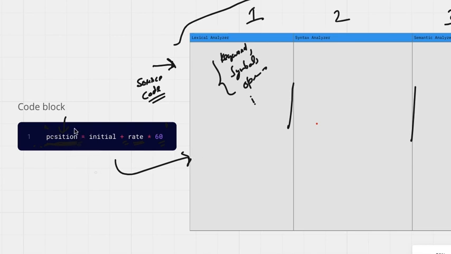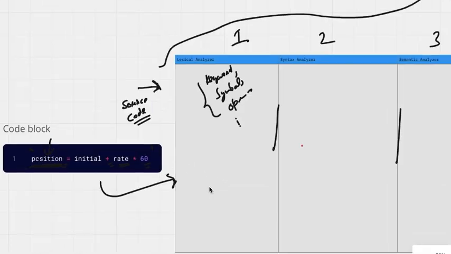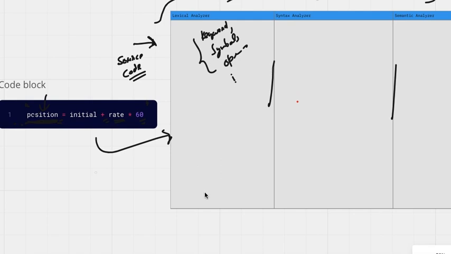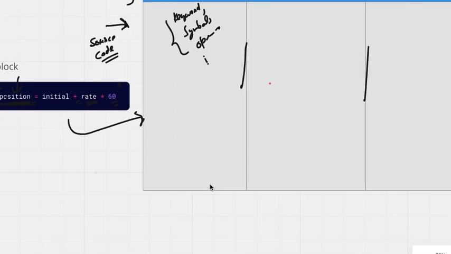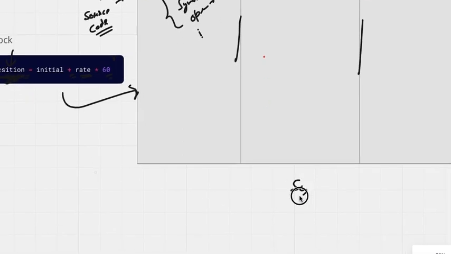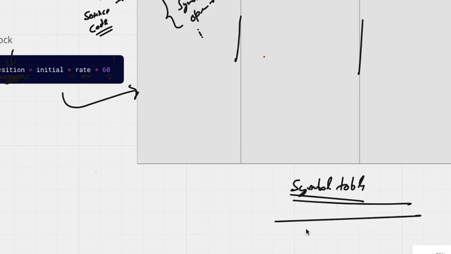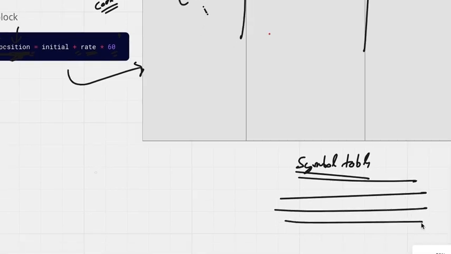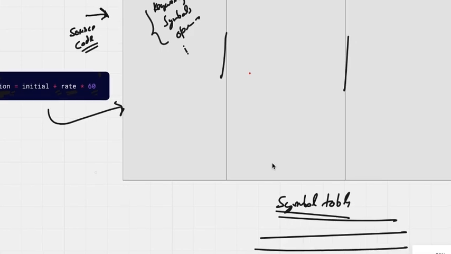It finds that it doesn't match with a keyword, so it must be an identifier. So what the lexical analyzer does is record this pattern into the symbol table. The symbol table is a common data structure which is accessed by all phases of the compiler.